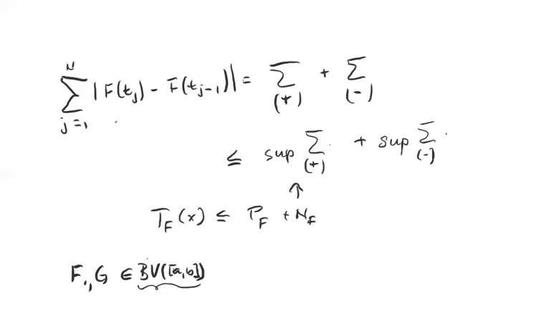Okay, and this is a vector space. That is easily seen, right? Because af plus bg is also of bounded variation. That's all we have to show.